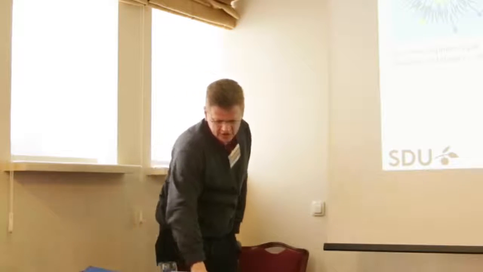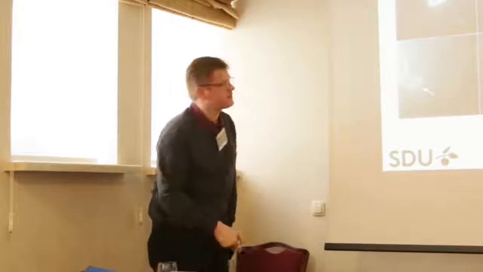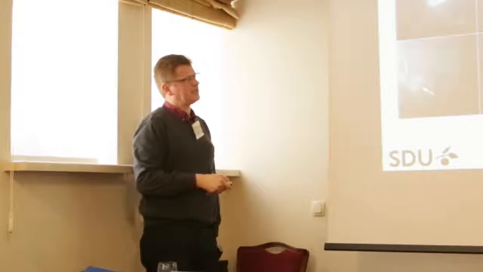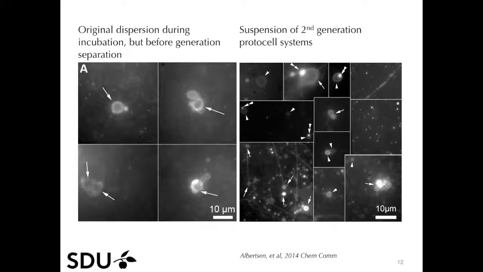If you look under the microscope, you start with beads that look like that. What we are looking at is the fluorescence associated with the membrane. Over time, you can clearly see that membranes are spawning out of the beads, and you can separate them and end up having the second generation in one vial, and the first generation, which has been altered but contains the beads, in another vial.